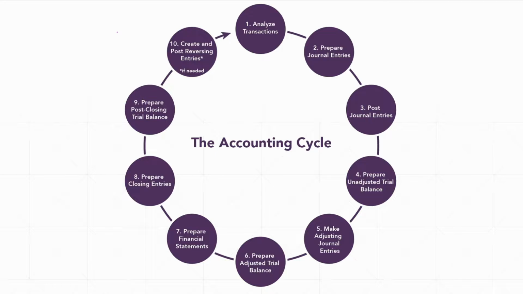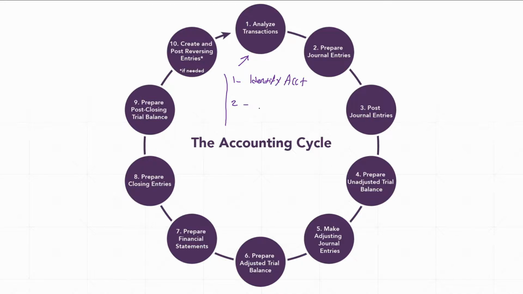As we learned in the previous chapters, this is our accounting cycle. We start with analyzing transactions. If you remember, analyzing transactions includes 3 steps. In step 1, you identify your accounts.